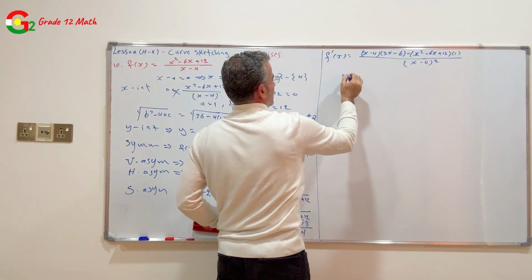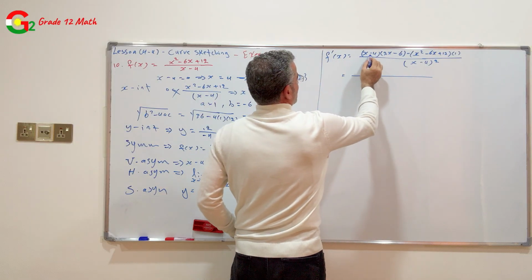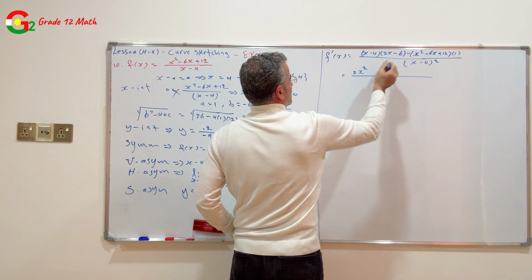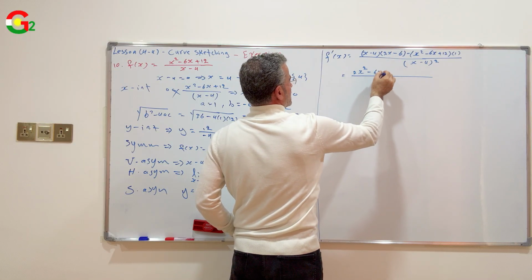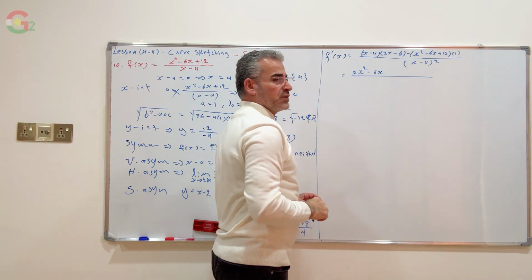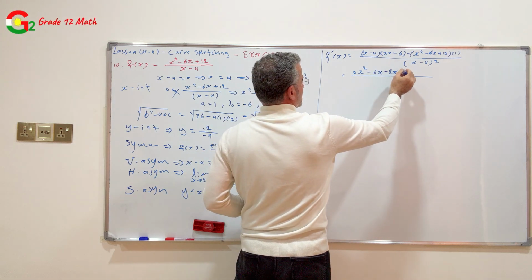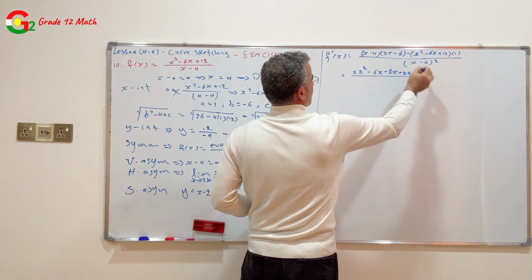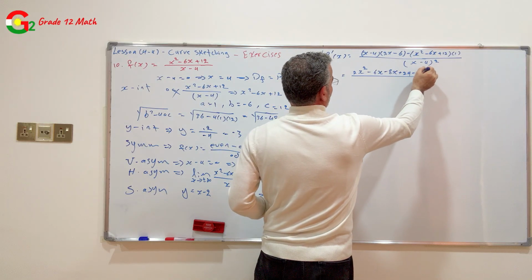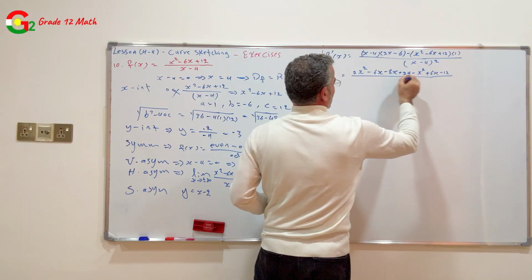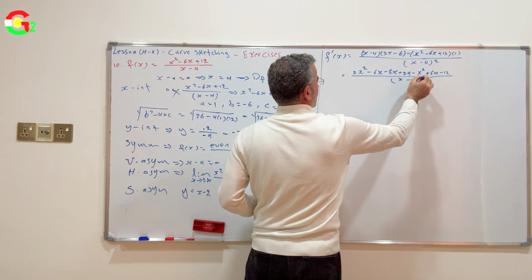Simplify this: x times 2x is 2x power 2, x times negative 6 is negative 6x, negative 4 times 2x is negative 8x, negative 4 times negative 6 is 24, minus x power 2 plus 6x minus 12, over x minus 4 all power 2.